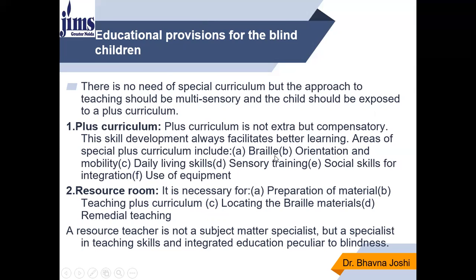So now the plus curriculum includes braille, orientation and mobility. It means teaching the child the use of braille, orientation and mobility, how to move. Daily life skills are taught to them, sensory training, and social skills for integration, how to talk with people, how to communicate, and the use of various equipment and assistive devices for their future.